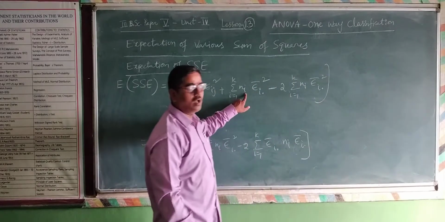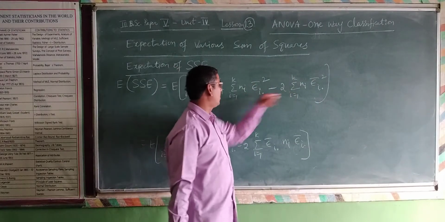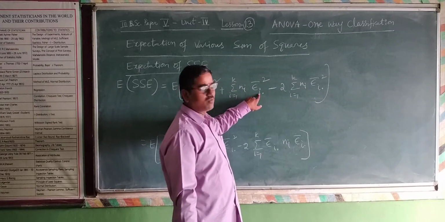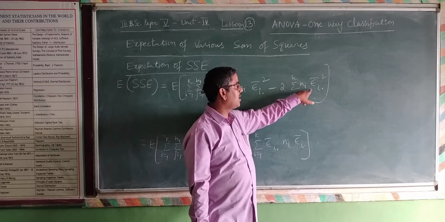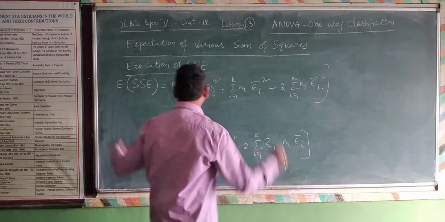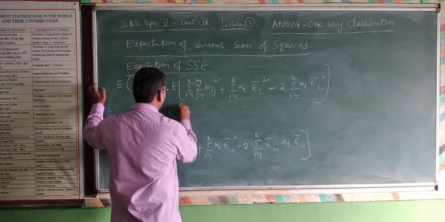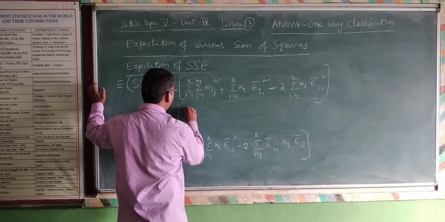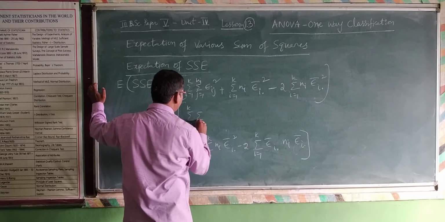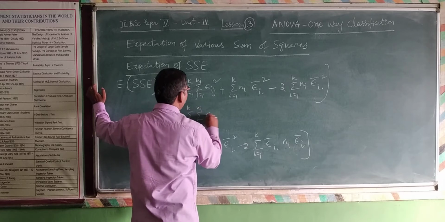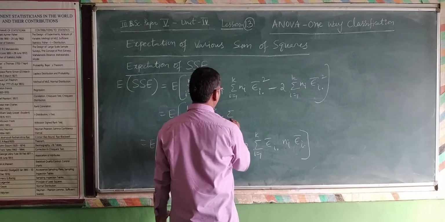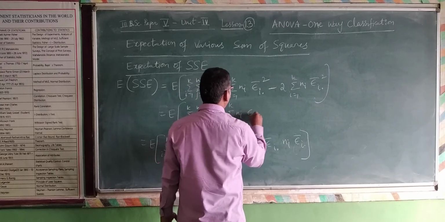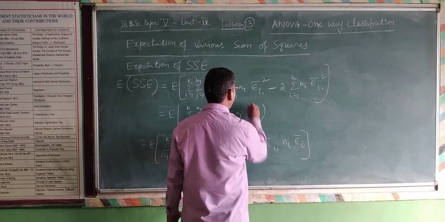So this is one term, this is the second term, and this is minus 2 into summation ni epsilon bar i dot square. Therefore, this is the expectation of summation i equal to 1 to k, summation j equal to 1 to ni epsilon ij square, minus summation i equal to 1 to k ni into epsilon bar i dot square.